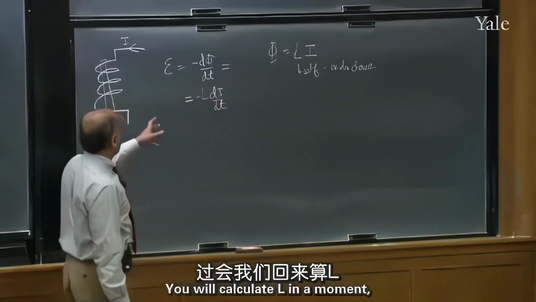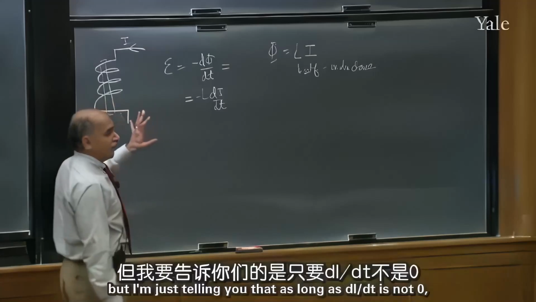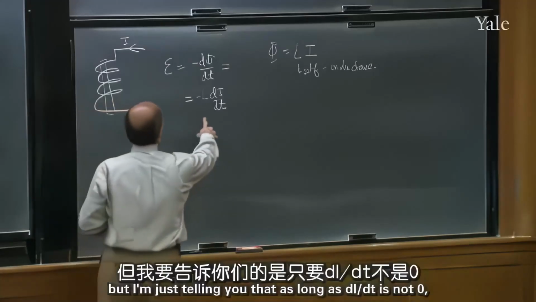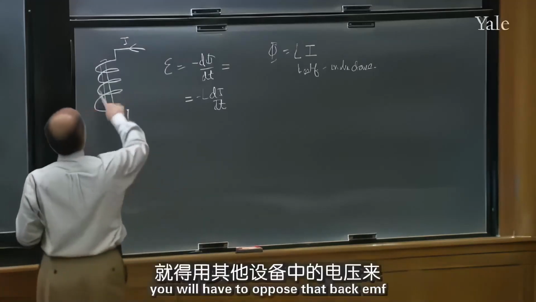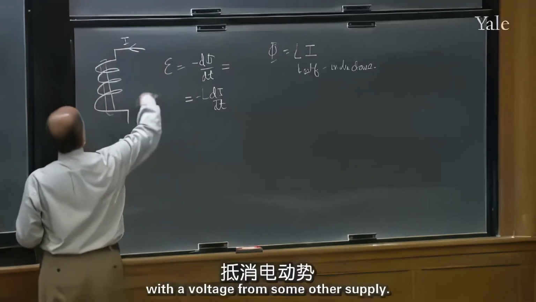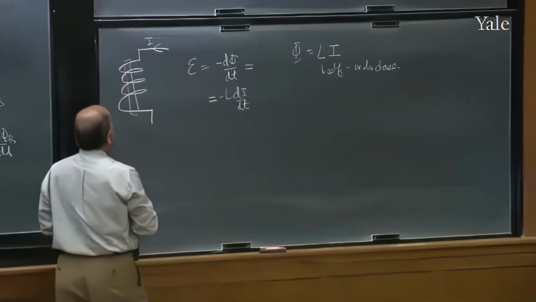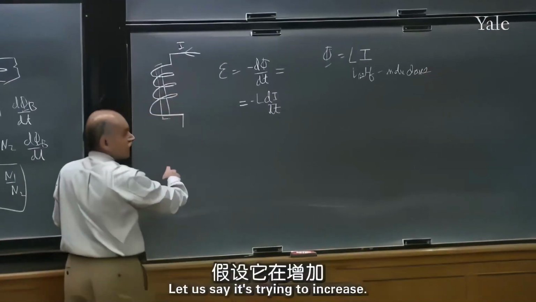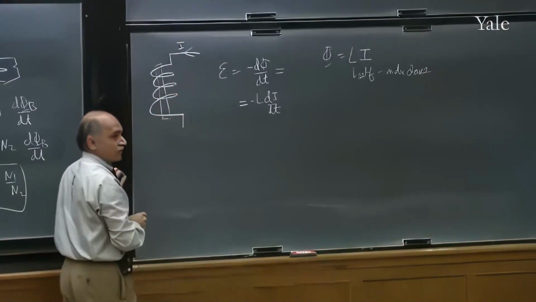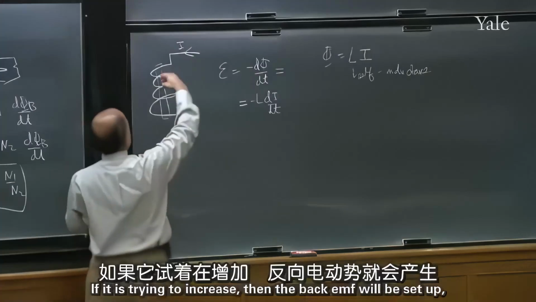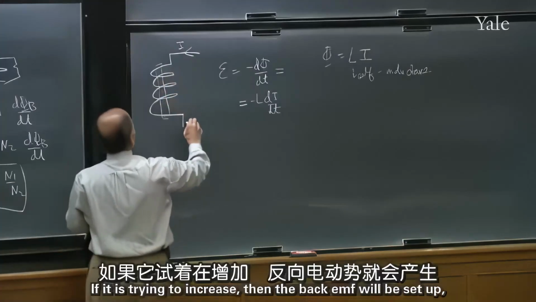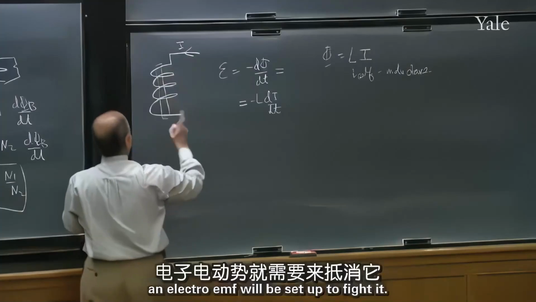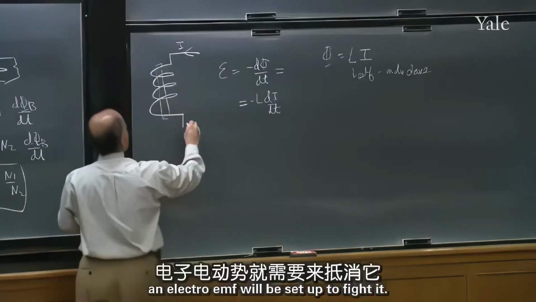We will calculate L in a moment, but I'm just telling you that as long as di/dt is not 0, you will have to oppose the back EMF with a voltage from some other supply. So in this example, if the current is going like this, let us say it's trying to increase. If it is trying to increase, then a back EMF will be set up, an electromotive force will be set up to fight it.